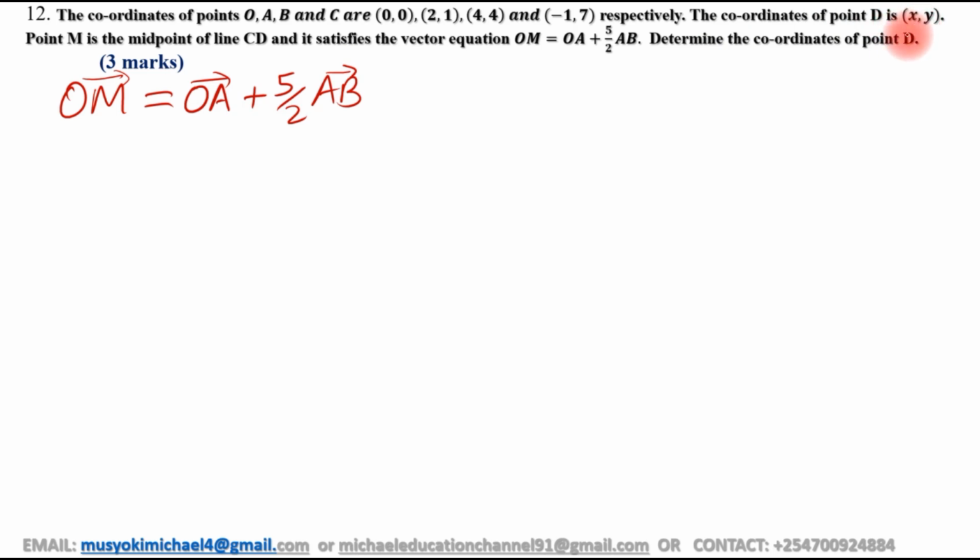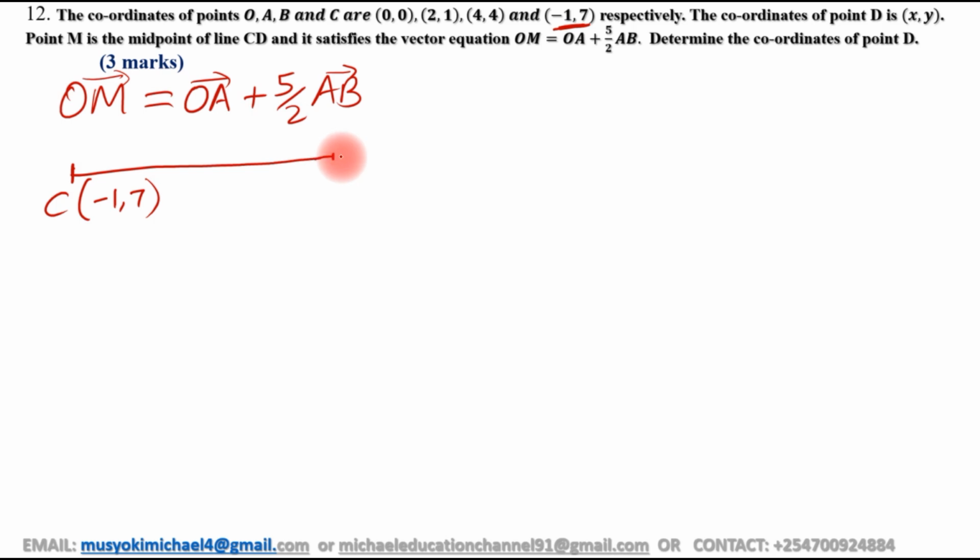Now since we need to get the coordinates of point D, which is (x, y), point M is the midpoint of line CD. We have been given point C, which is (-1, 7).